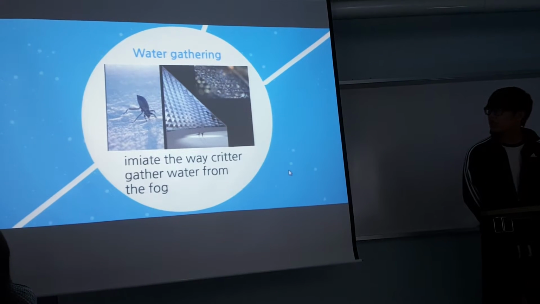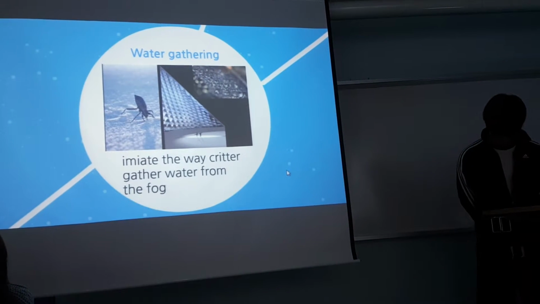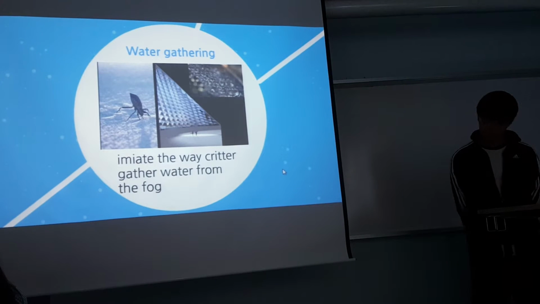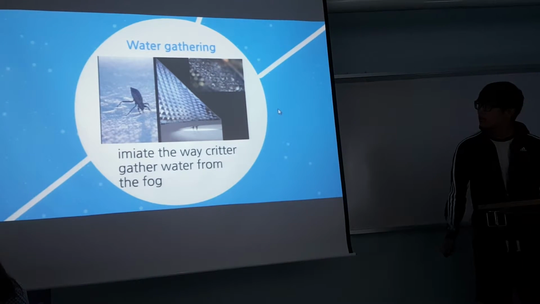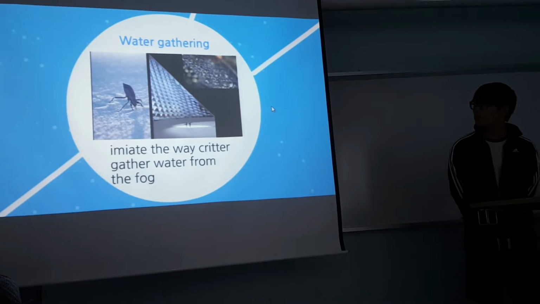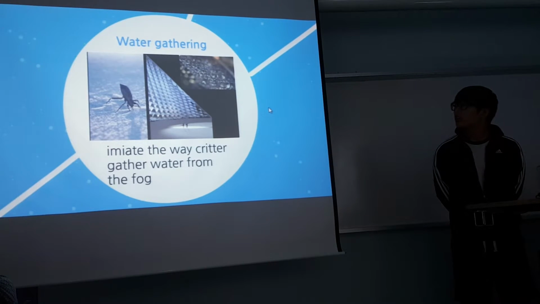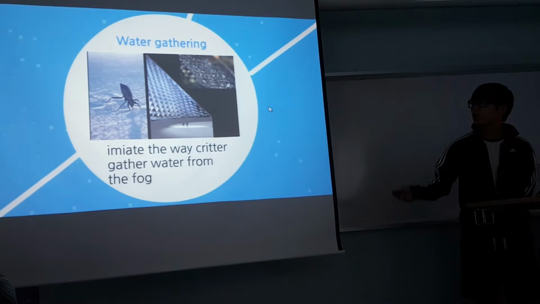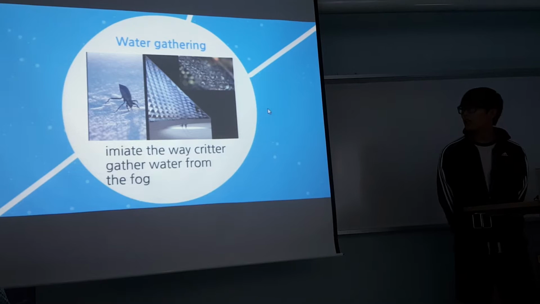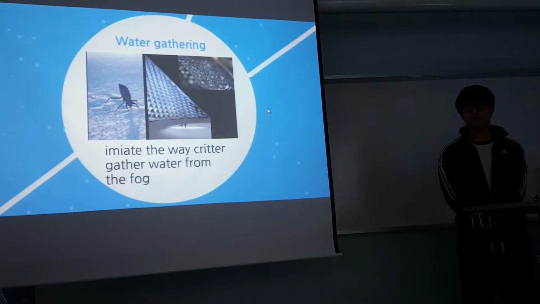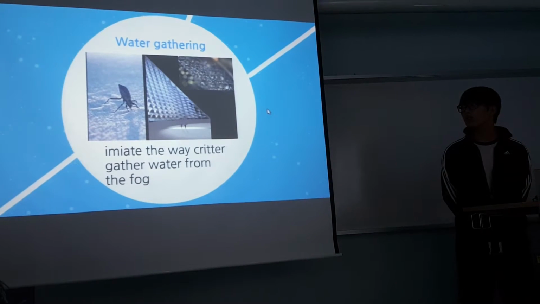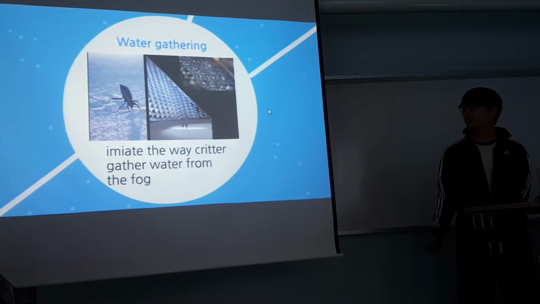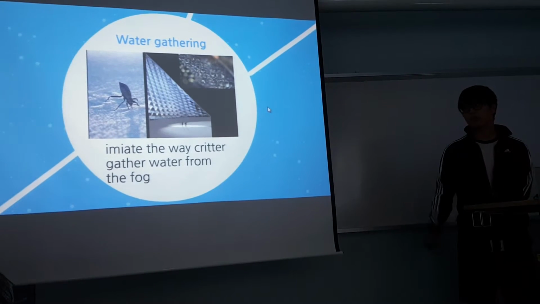The first example is the water lily. This is a little critter which lives in the African desert. If there is no water that this critter can drink, it gathers water from the fog.